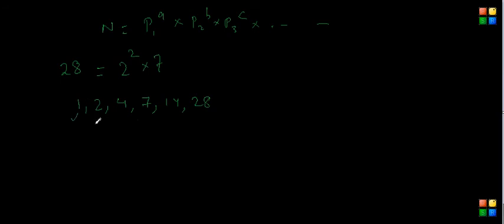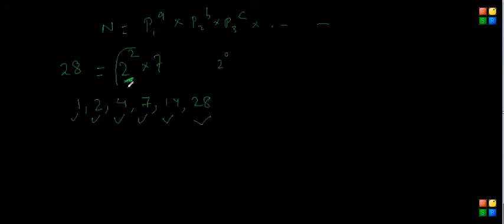So basically what all factors do we have? We have 2 to the power 0, 2 to the power 1, 2 to the power 2, 2 to the power 0 into 7 to the power 1, 2 to the power 1 into 7 to the power 1, 2 to the power 2 into 7 to the power 1. So what I am trying to do is vary the powers of the chunk corresponding to the first prime number, such that they form the factors of 28.